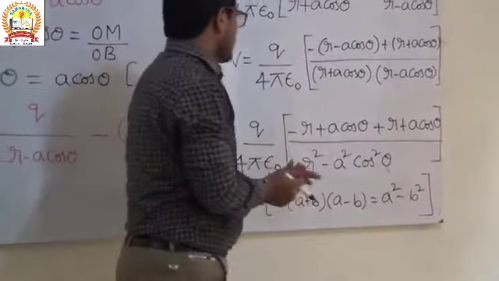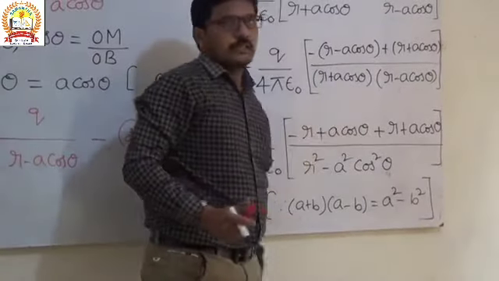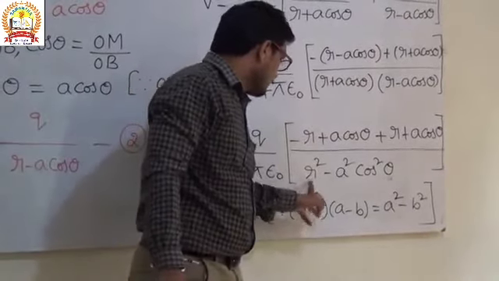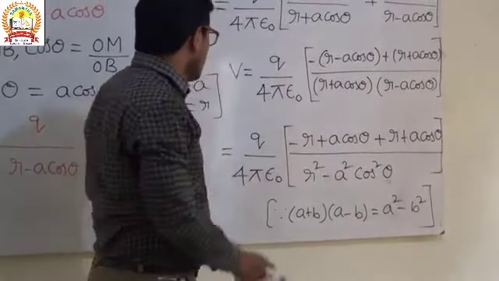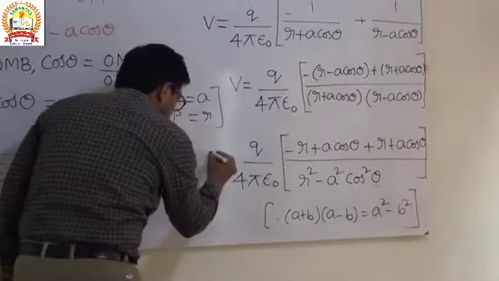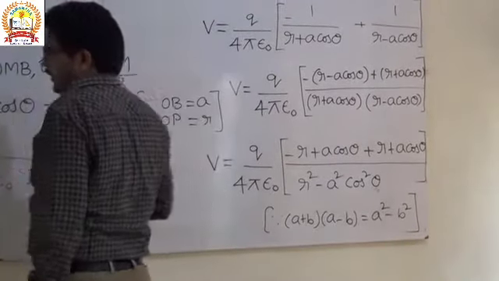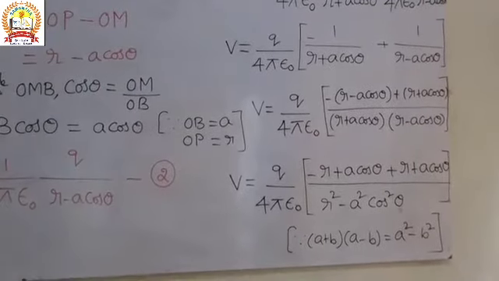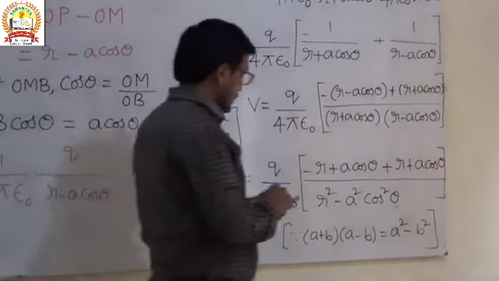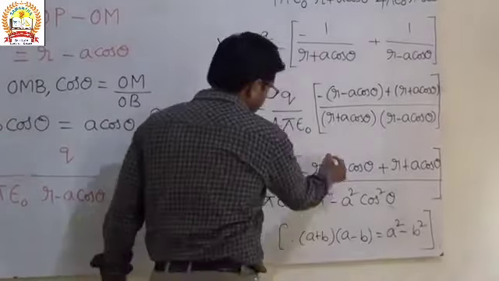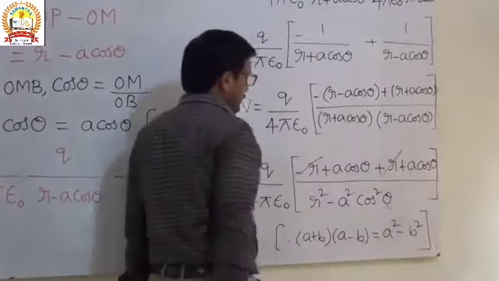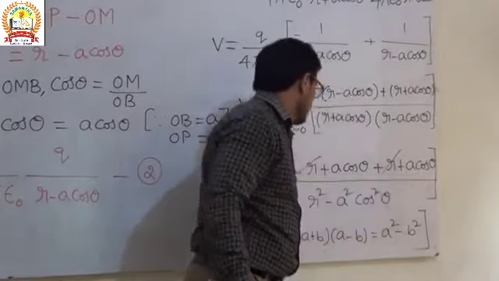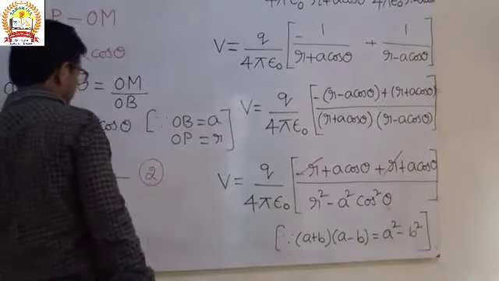So here A is R and B is A cos theta, so applying the formula we get R square minus A square cos square theta. Now if we simplify, minus R and plus R get cancelled. Then A cos theta plus A cos theta is 2A cos theta.